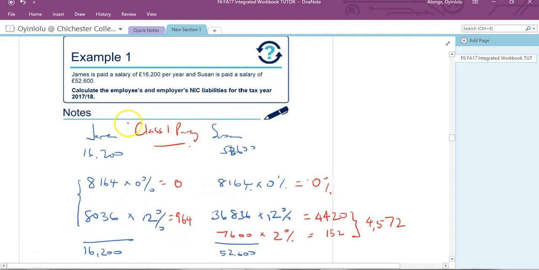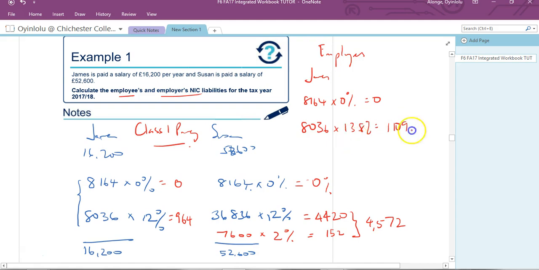Now let's look at the employers, because it says it wants the employees and the employers. Employers, when we look at James, we say 8,164 times 0%, of course that's 0. And then anything above that, 8,036, gets times 13.8%, and that takes us to 1,109.